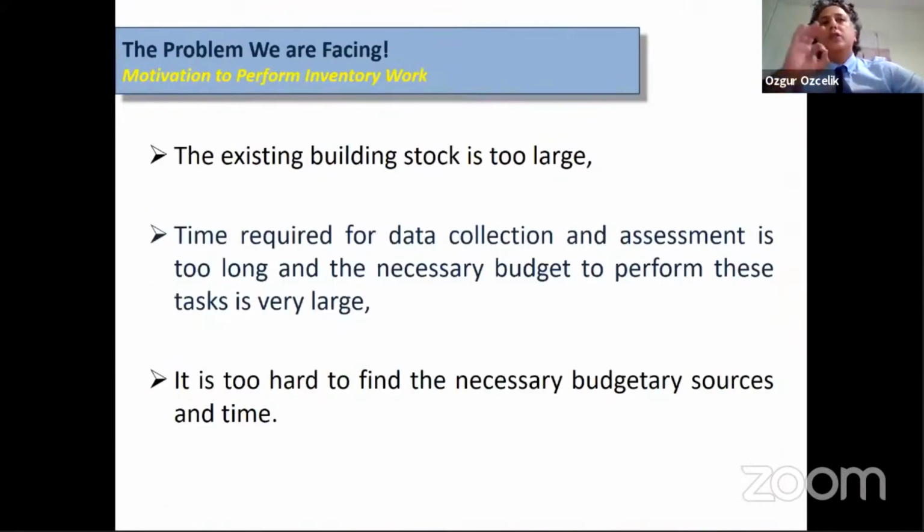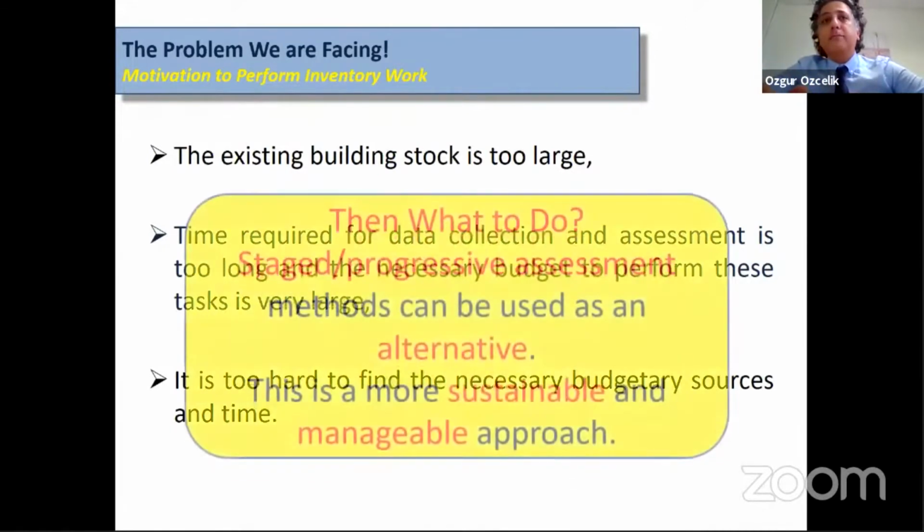So the problem we are facing is as follows. The existing building stock is too large. The time required for data collection and assessment is too long, and the necessary budget to perform these tasks is very large. It's too hard to find the necessary budgetary sources and time.